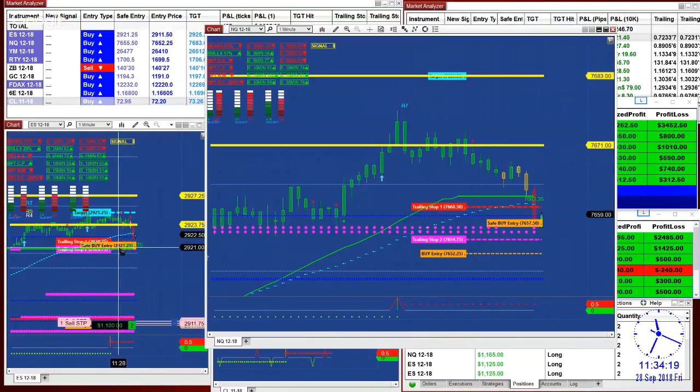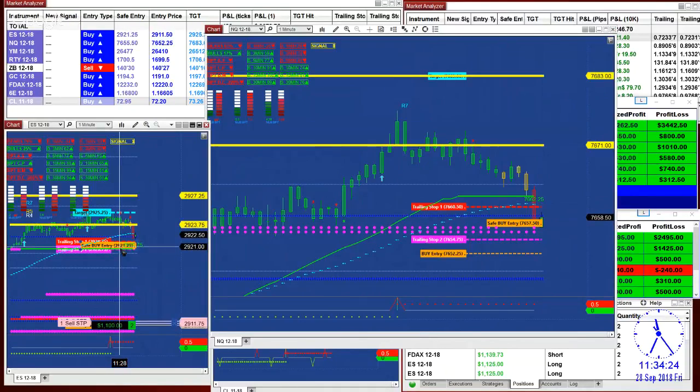This is the safe entry, pullback re-entry on the ES. So you will not think it's this one here. It happened by accident, folks. Okay?